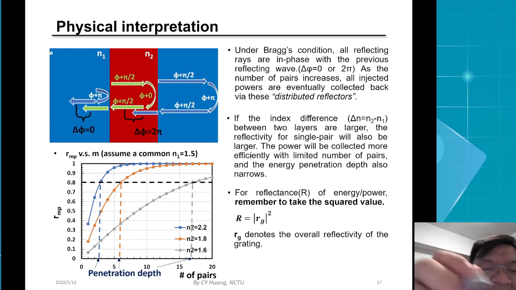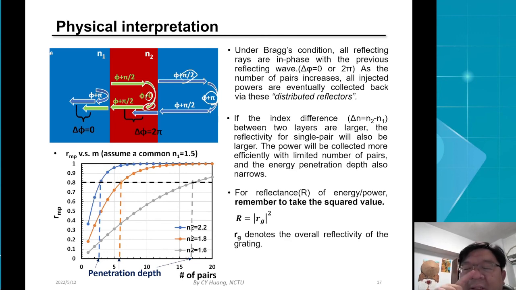Similarly, for the n2 to n1 interface, the reflection here doesn't cause any pi shift, but in the second layer you have a half of pi propagating toward the right, and a half of pi phase delay due to the second reflection and another half of pi.